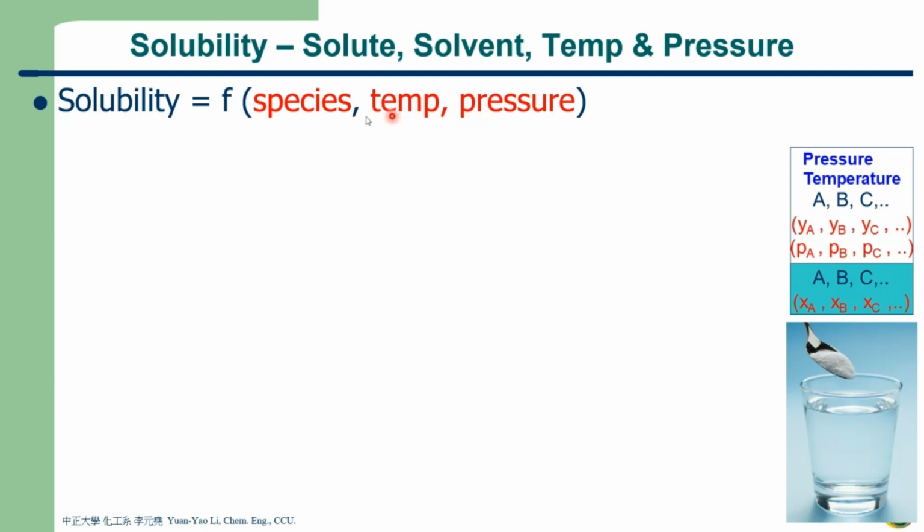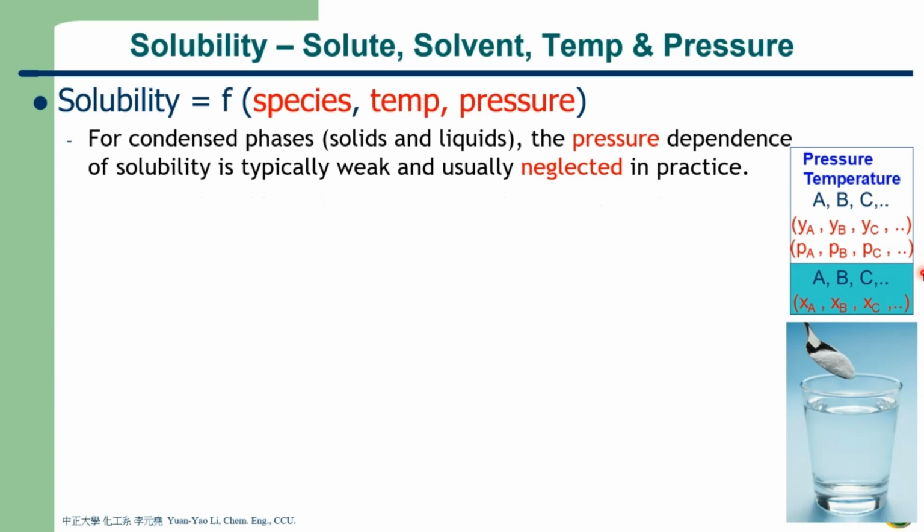So if the temperature changes, solubility changes; if the pressure changes, solubility changes. For condensed phases, the pressure dependence of the solubility is typically weak and usually neglected in practice. So normally the solubility becomes a function of the species and also the temperature.